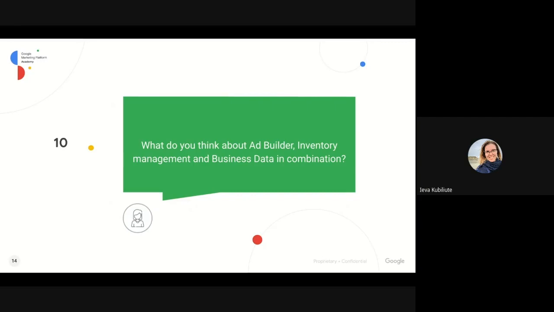Because with business data applied on either campaign or ad group level, you can have more dynamic inputs to the Ad Builder. So these are separate combinations, and since inventory management already has the ad copy automation part, I don't think that these features should overlap at some point.